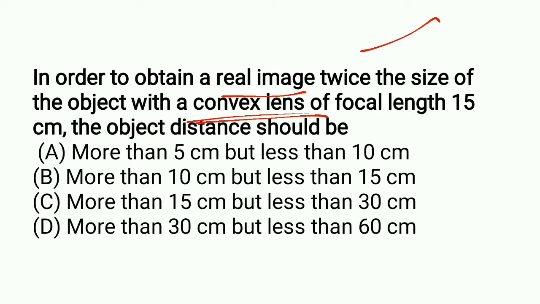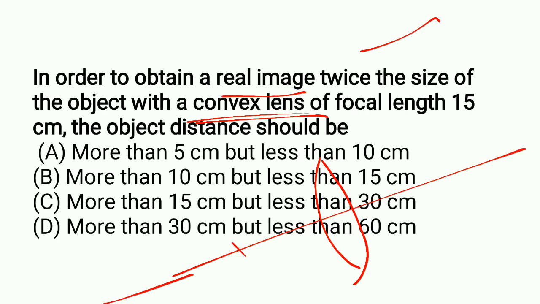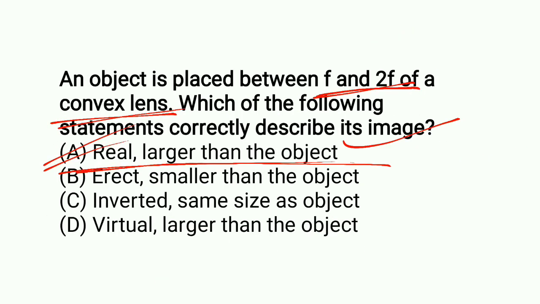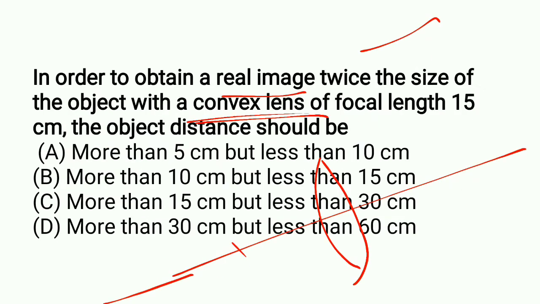Okay, so we have a convex lens which has a focal length f of 15 centimeter, and in order to get a real image twice the size of the object, where should the object be kept?